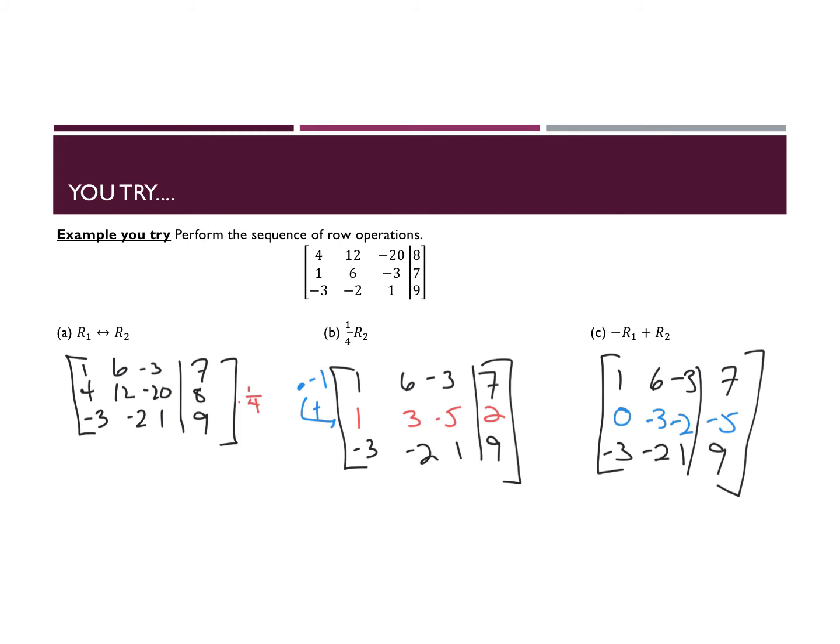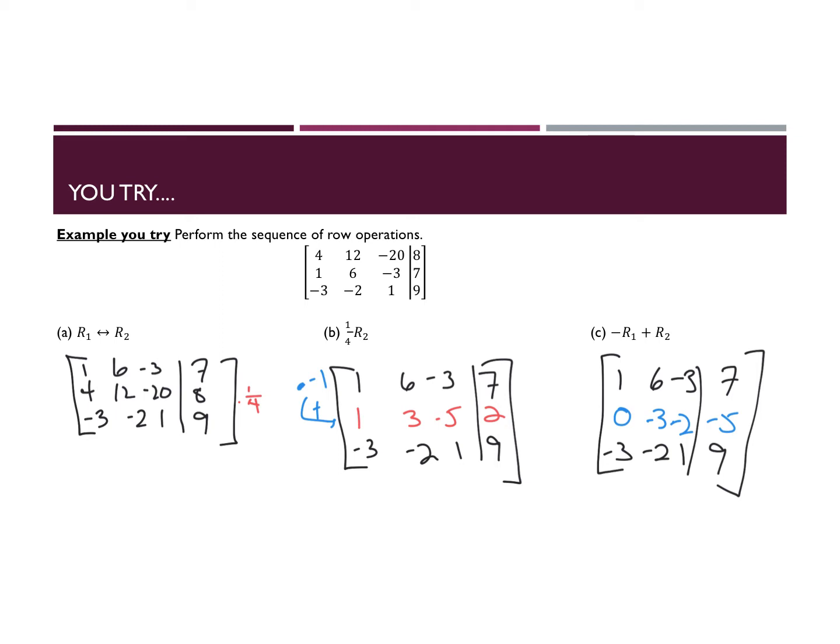Okay, so hopefully for A, that was probably the easiest. You just flip rows 1 and 2 of the original matrix. In letter B, you're going to take row 2 and multiply it by 1/4, which is the numbers in red, everything else stays the same. And then in letter C, you'll take negative 1 times row 1 from letter B and add it to row 2.